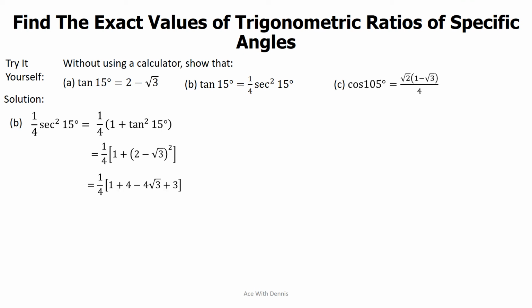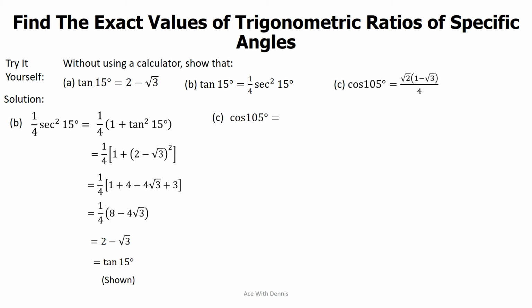Now we expand the bracket, it becomes 1 over 4 bracket 1 plus 4 minus 4 root 3 plus 3. Simplify, it becomes 1 over 4 bracket 8 minus 4 root 3, and we get 2 minus root 3, which equals tangent 15 degrees, hence shown.